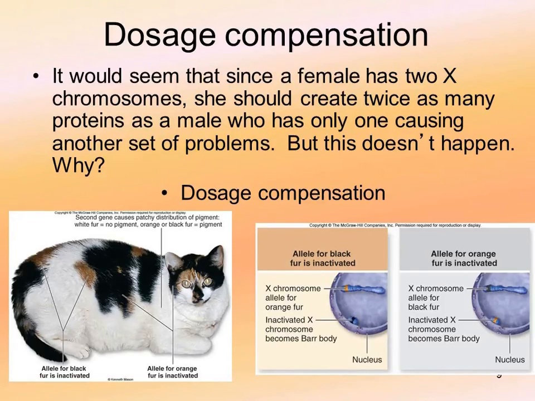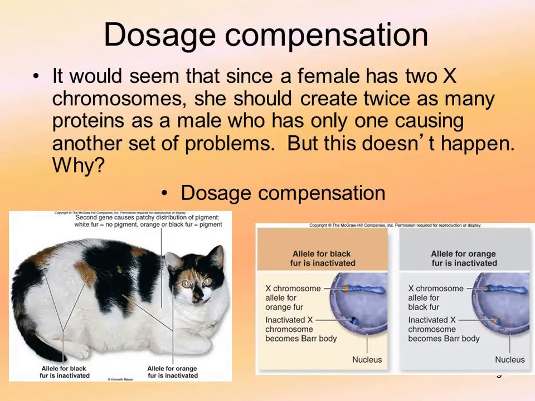A condensed chromosome, condensed during dosage compensation, is called a bar body. Which chromosome of the 2 X's is condensed and turned into a bar body is completely random. If a female is homozygous dominant or homozygous recessive for a particular trait, and one of those chromosomes becomes a bar body, the trait that is expressed isn't changed.